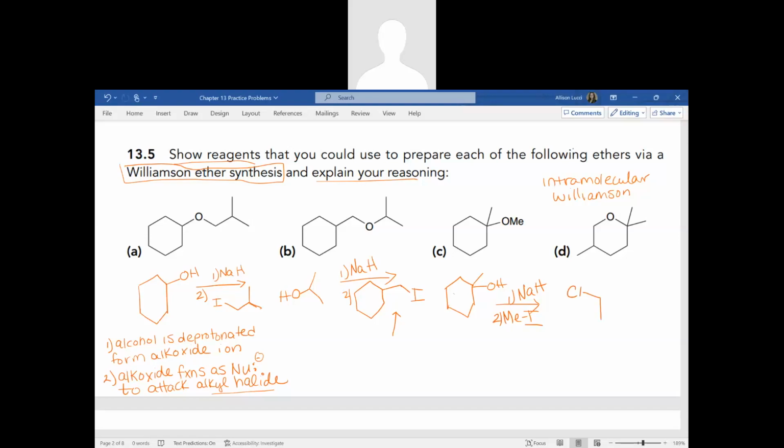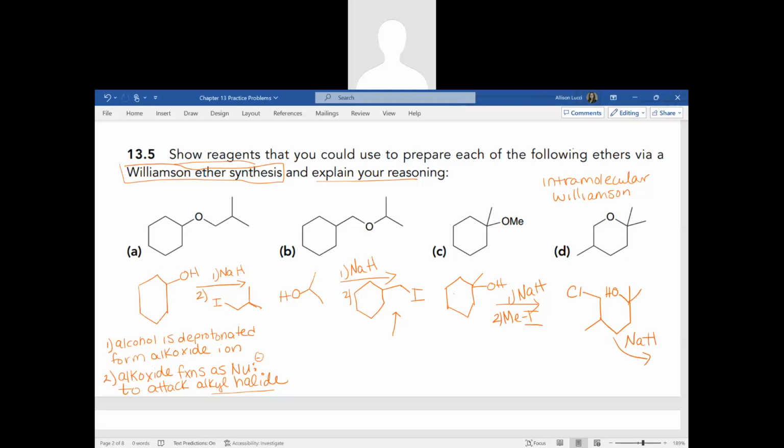So we could have something like this, and this will be our alcohol portion. And we could perform this intramolecular Williamson ether synthesis using just the sodium hydride reagent.